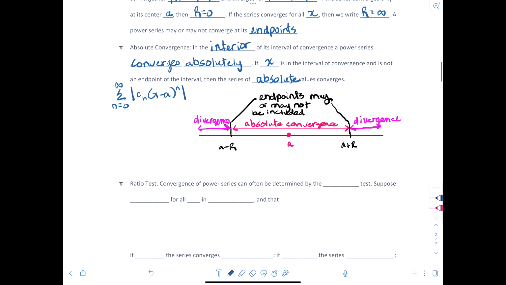Okay, so speaking of tests, the ratio test. This is a great test, but it doesn't always work, but it is great. Convergence of a power series can often be determined by the ratio test.